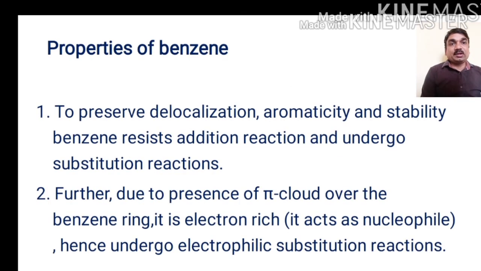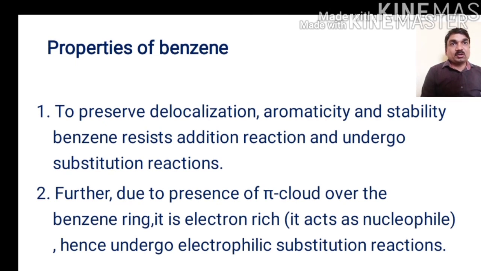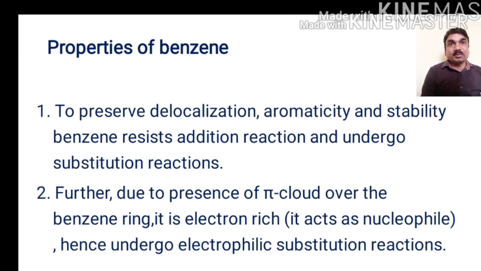Next are the properties of the benzene molecule. The six electrons of the benzene ring are freely moving, allowing the uniform distribution of electrons over all six carbon atoms, and are called delocalized electrons. This delocalization decreases the energy and hence imparts stability to benzene. Due to this, benzene has the following properties.